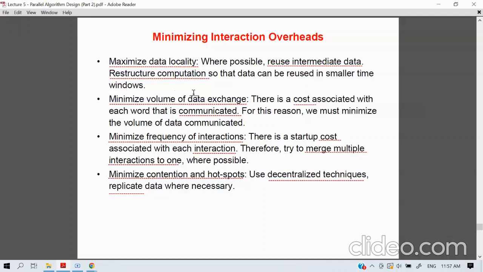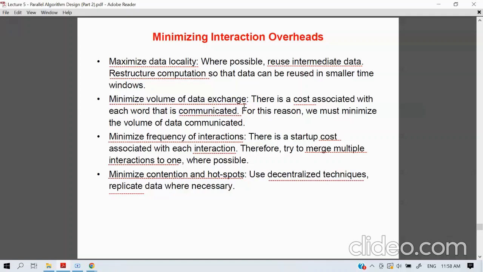Second, you can minimize the volume of data exchange. When we exchange data between the processes, we might increase the volume. To minimize the volume, because it deals with a cost associated with each word that is communicated, the larger the volume that we exchange, the higher the cost.